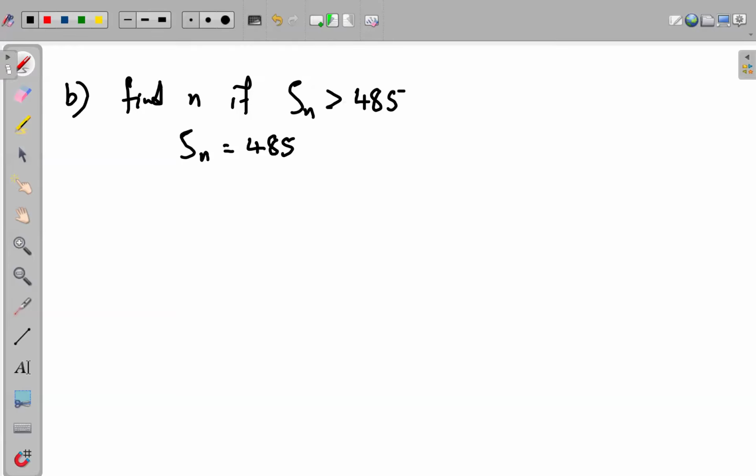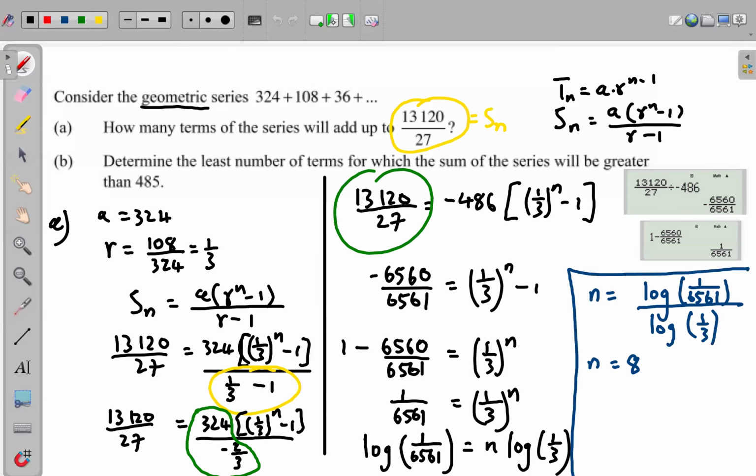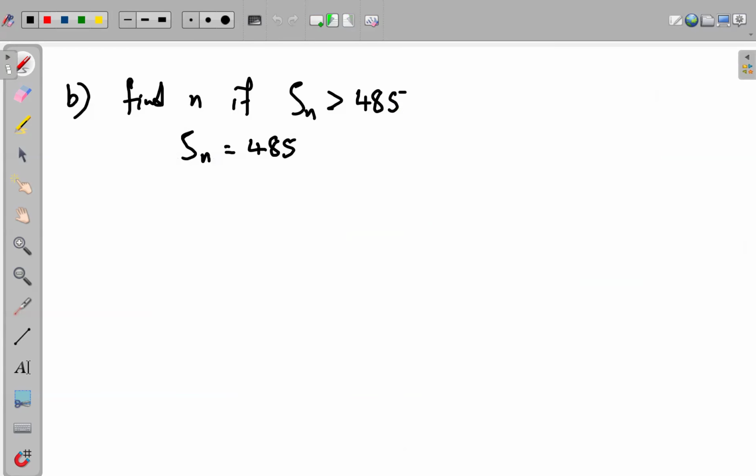So that's what we're going to do here. It is still the same series, right? So the value of A has not changed. It is still 324, and the value of R is still a third. So let's note that. A is still 324, and R is still a third.